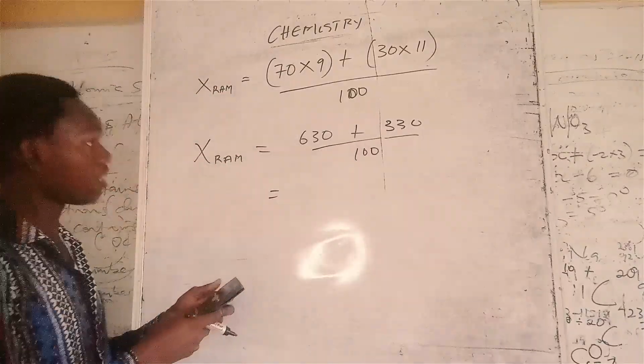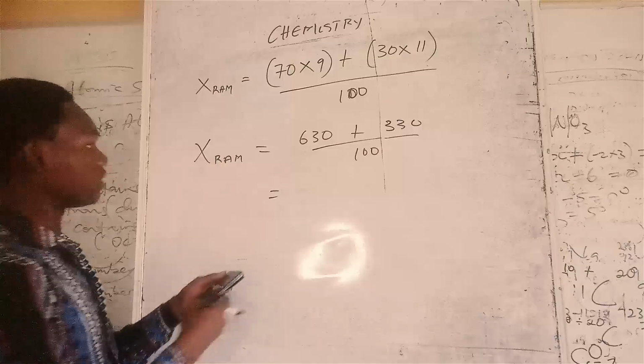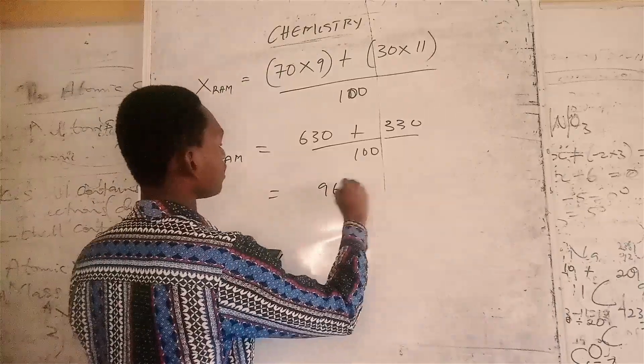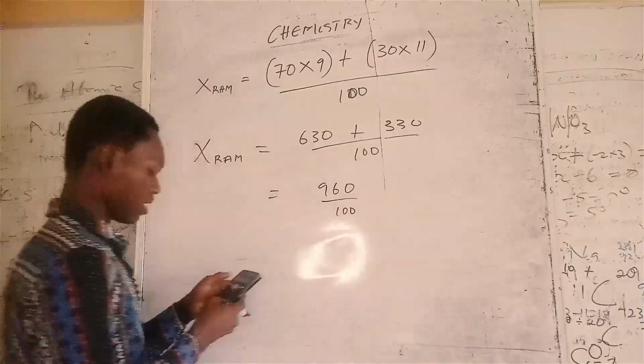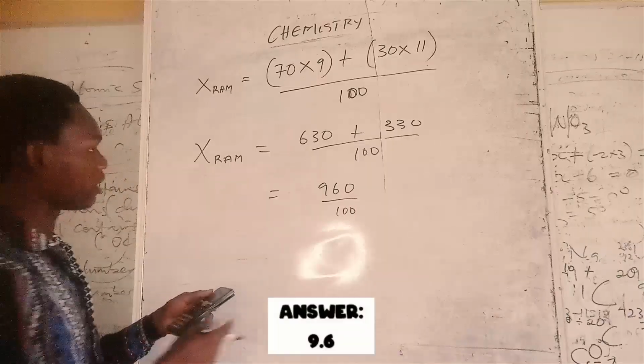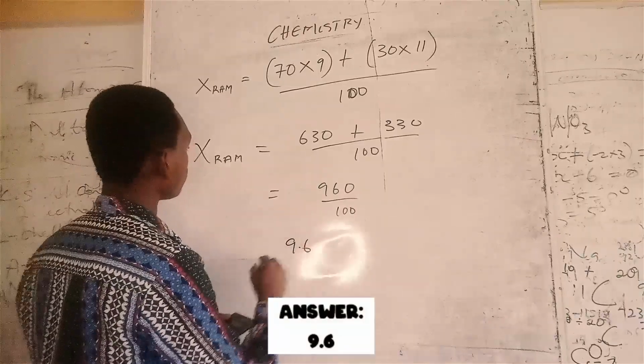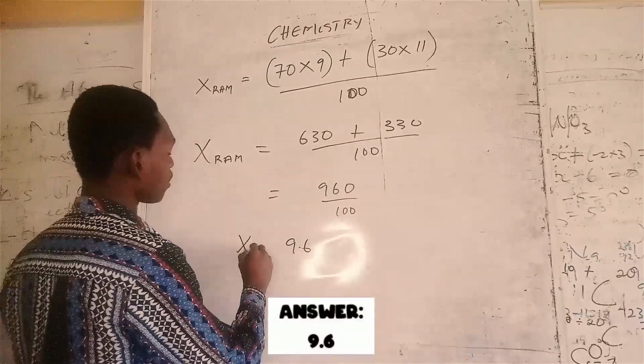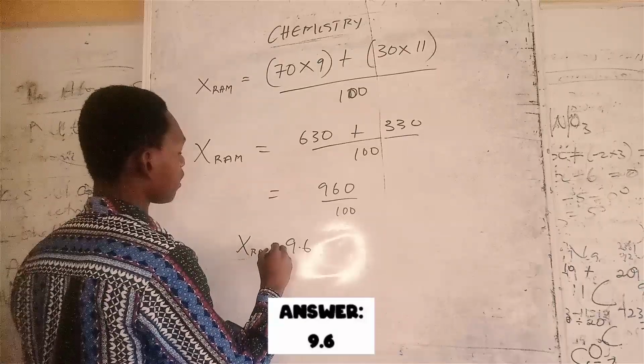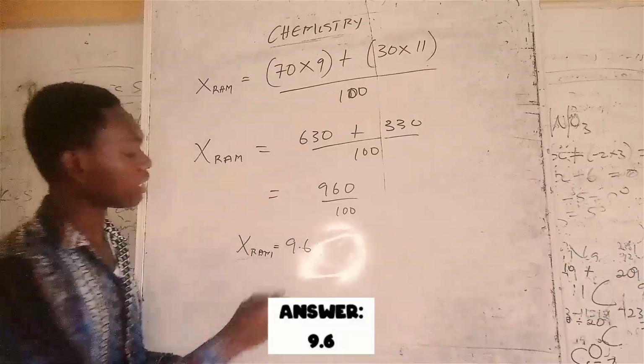We simply add the two values here. We get 960 divided by 100, and 960 divided by 100 gives us 9.6. So the mass of that particular element is 9.6.